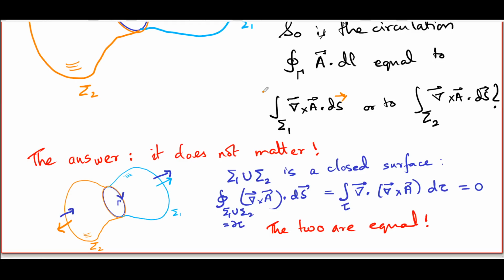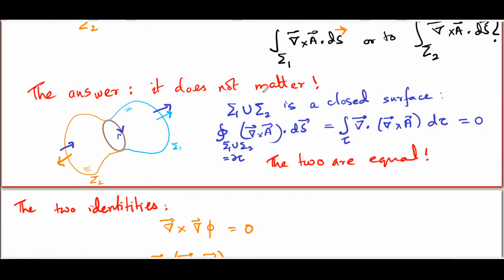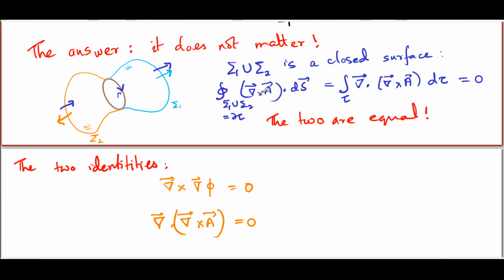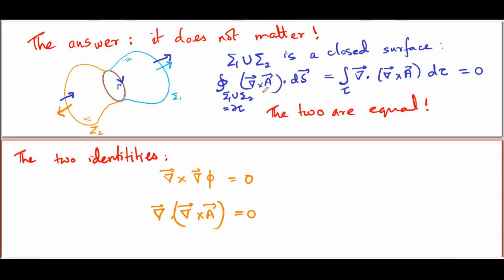Now that we have both Stokes and Gauss theorem under our belt, let us try to use them to prove two theorems that we had already met before. In fact, we had already proven these two theorems before. These are theorems which involve using the nabla operator twice on a field. The first of these theorems was the one which involved applying the curl operation on gradient of phi.